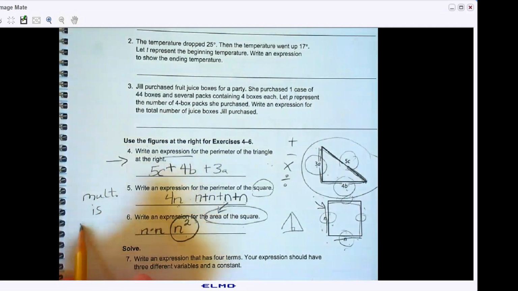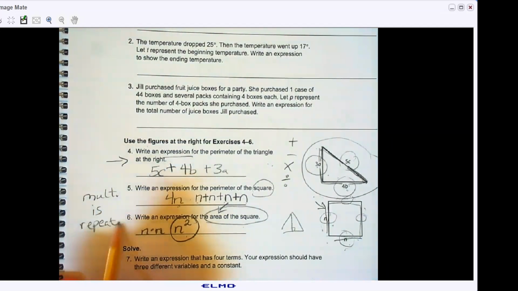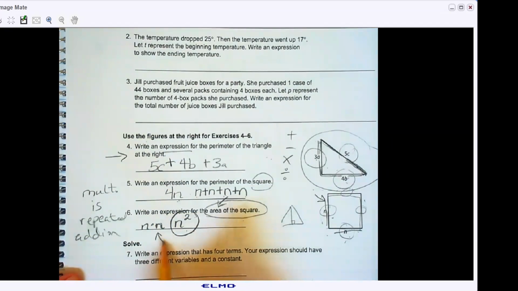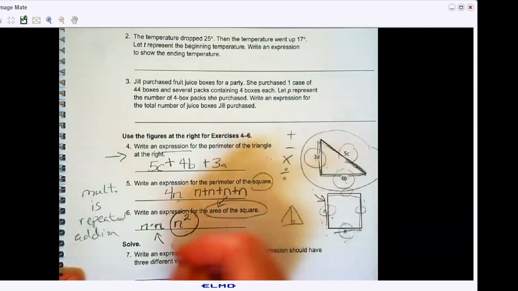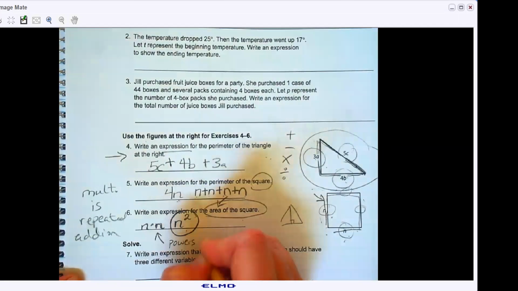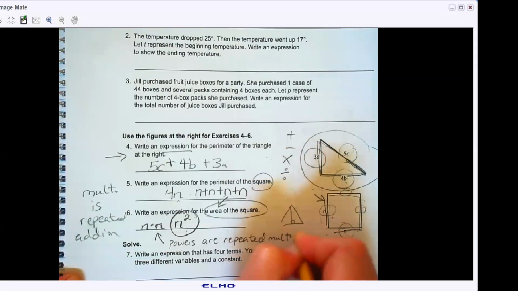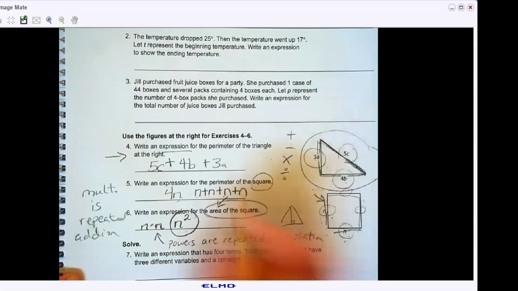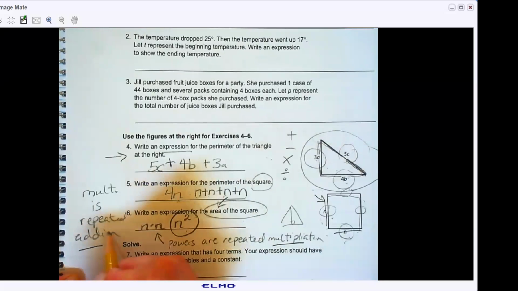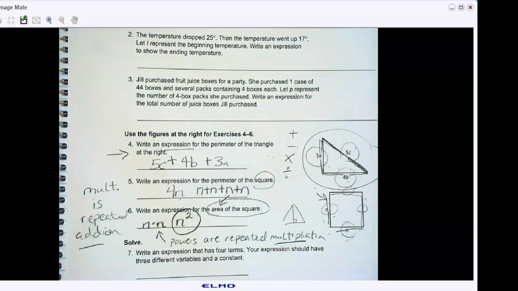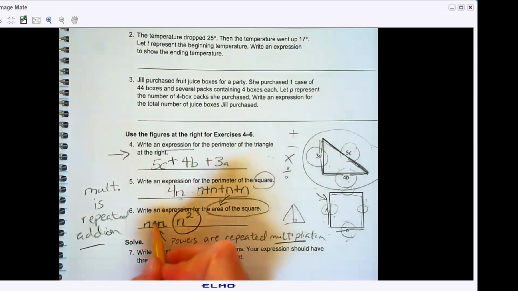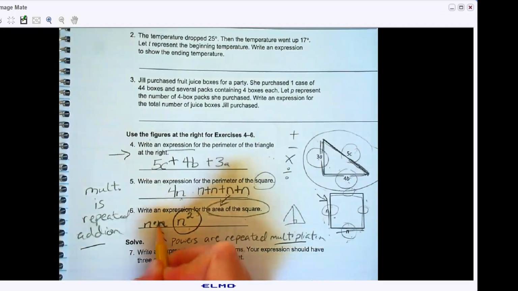Now this is repeated multiplication. So powers are repeated multiplication. See the difference? Repeated multiplication compared to repeated addition. Hopefully that cleared it up a smidgen.